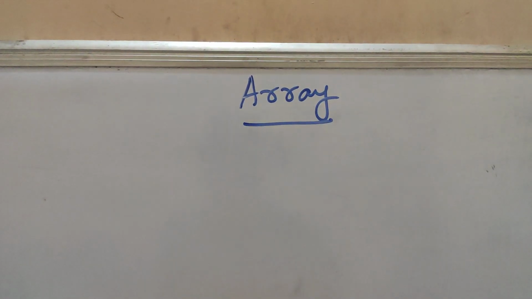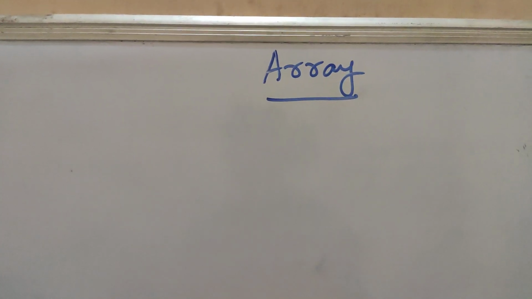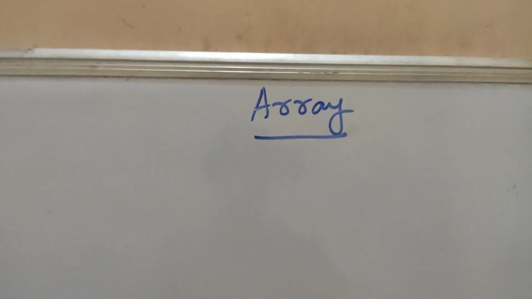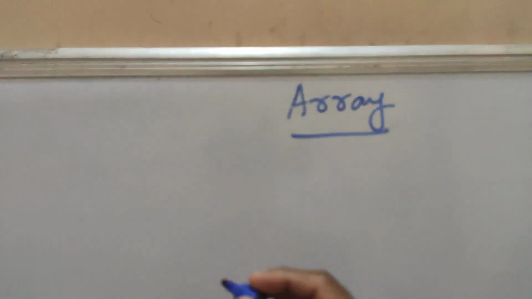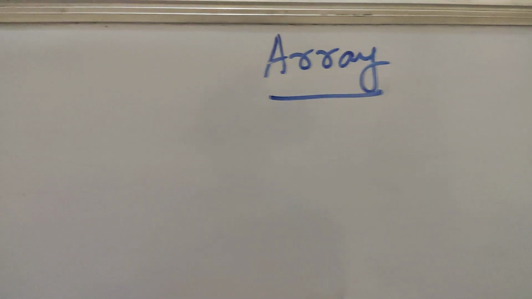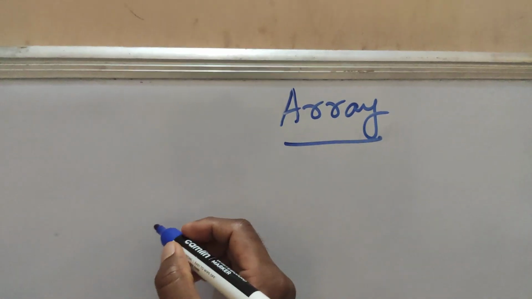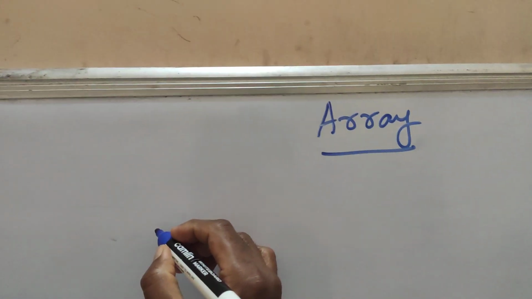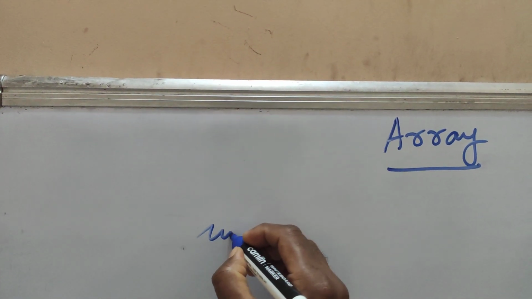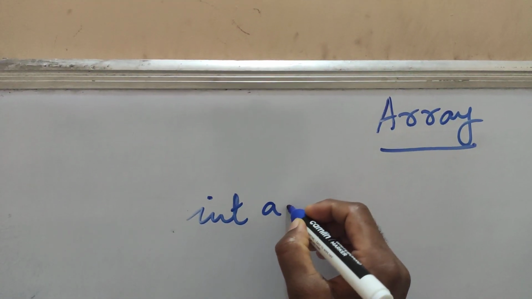Why do you need an array in a Java program? A group of values is okay, but why is it needed? Suppose I want to store 10 values using normal variables. Suppose int a equal to 10.